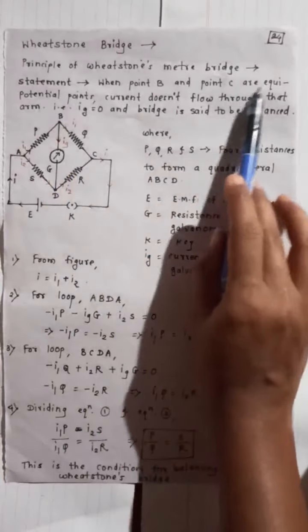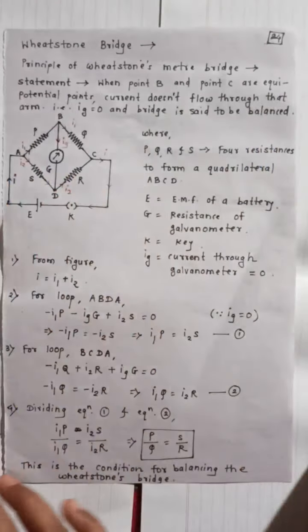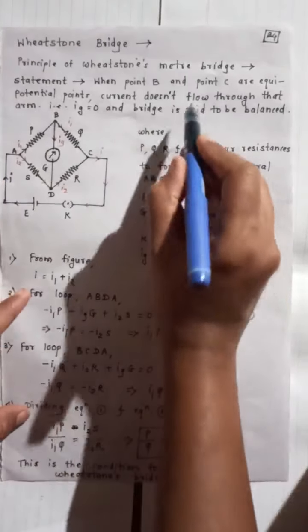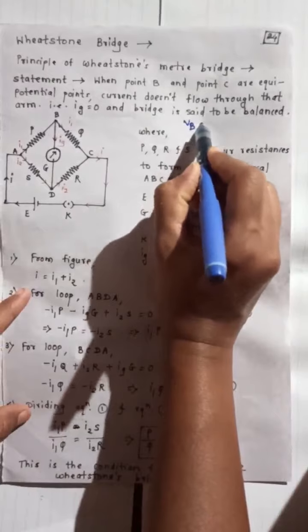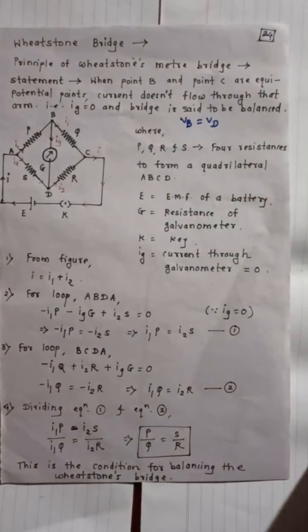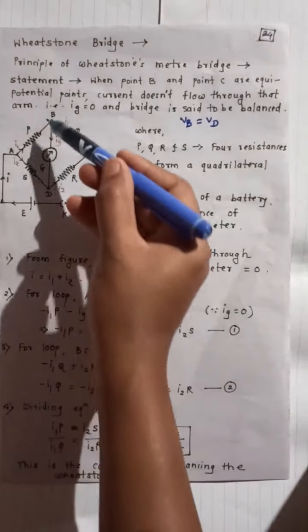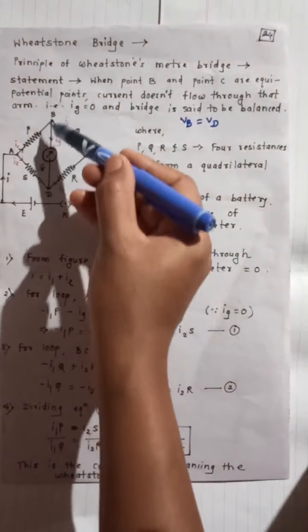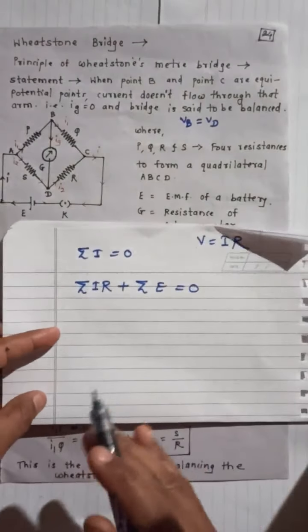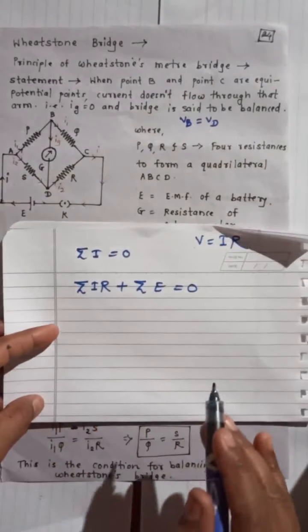Equipotential means equi, same, and potential. So if the 2 points are equipotential, meaning VB equals VD, the potential of both points is the same, then current does not flow through this arm. We know that current always flows from a higher potential point to a lower potential point.